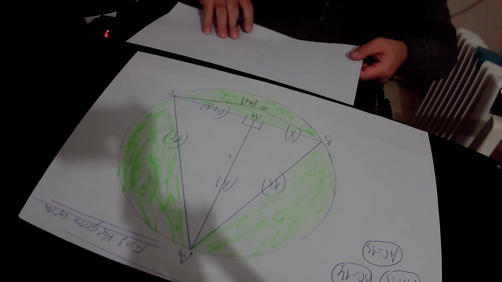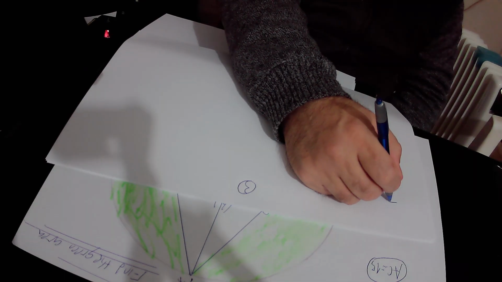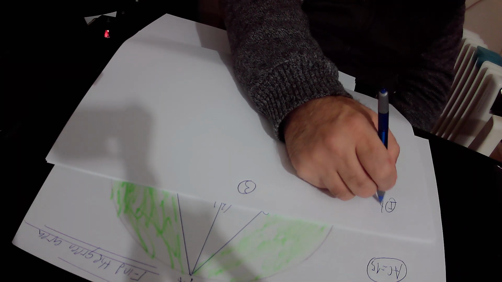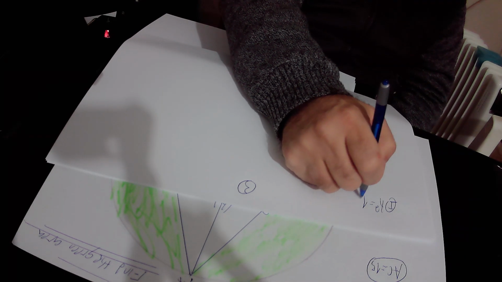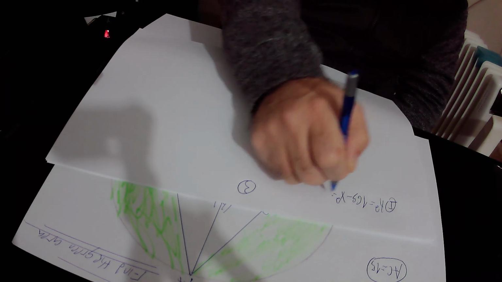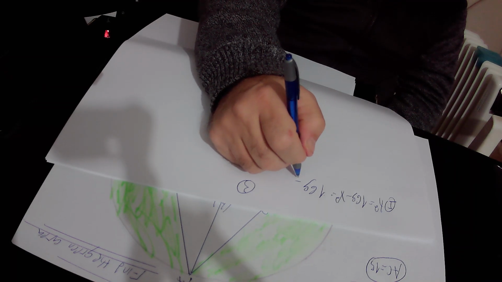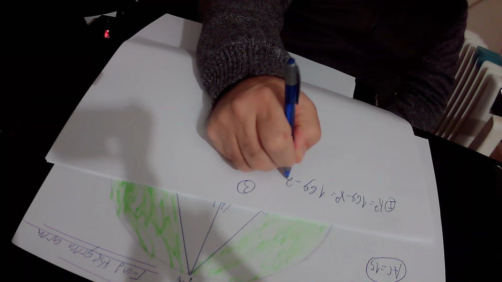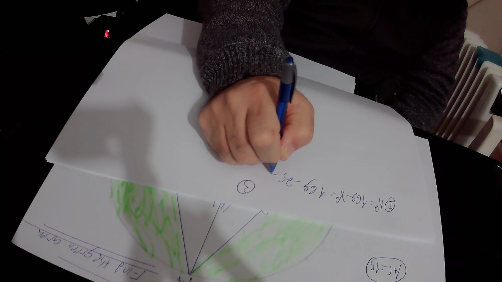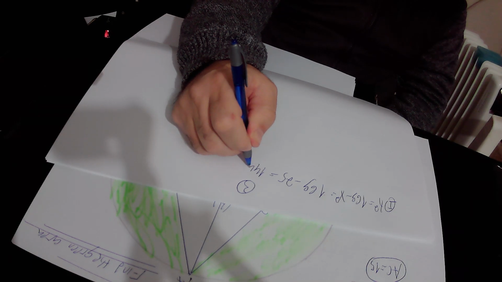But according to equation number 1, we have already found out that H squared equals 169 minus X squared. X is 5, therefore X squared is 25, so it is minus 25. 169 minus 25 is 144.